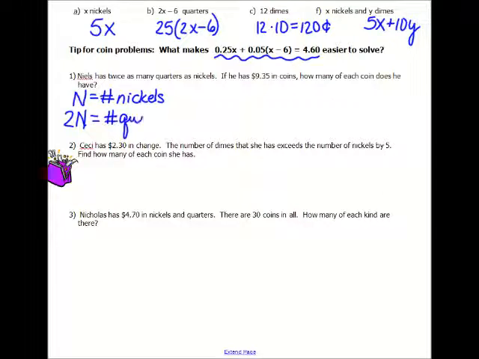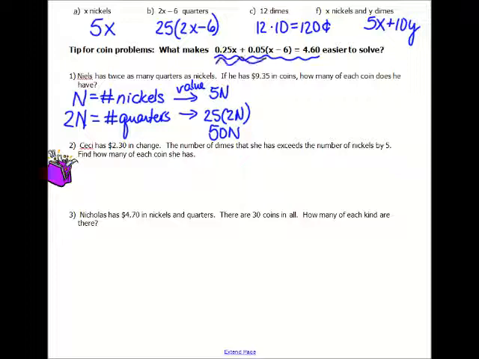Now we need to think about what their values are. So the value of N nickels is 5N, and the value of 2N quarters is 25 times 2N, which is 50N. Make sense? And the total value is $9.35.